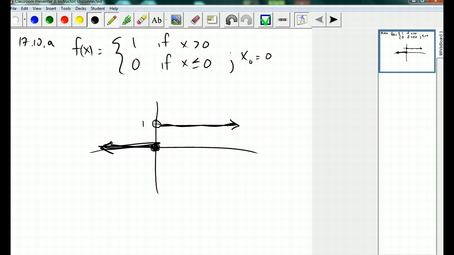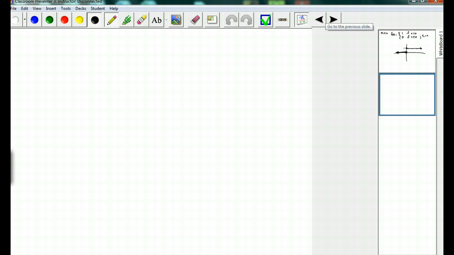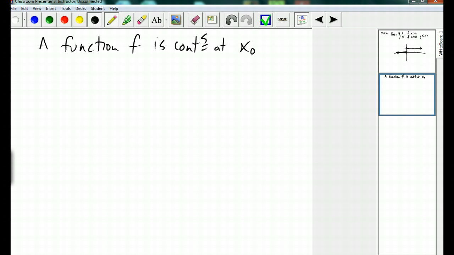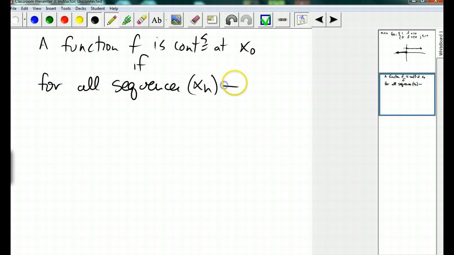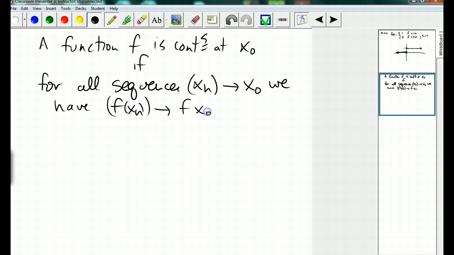The definition of continuity, according to Ross, is that a function f is continuous at x naught if for all sequences xn that converge to x naught, we have that f of xn converges to f of x naught.